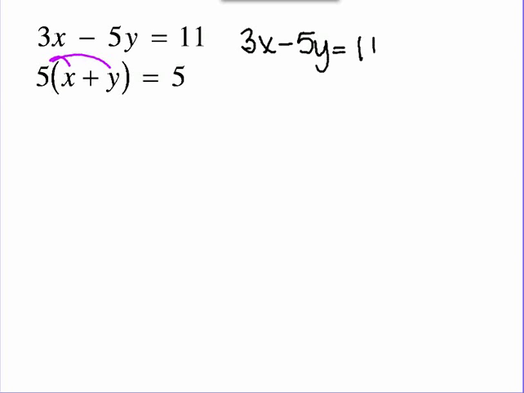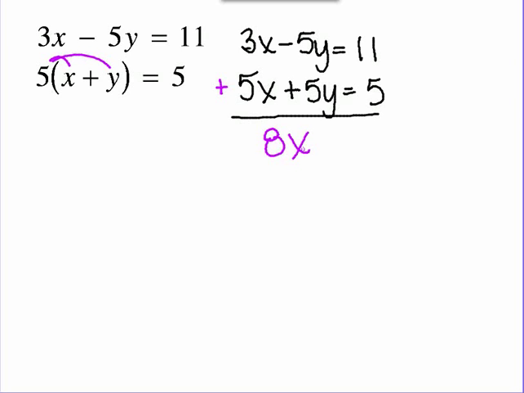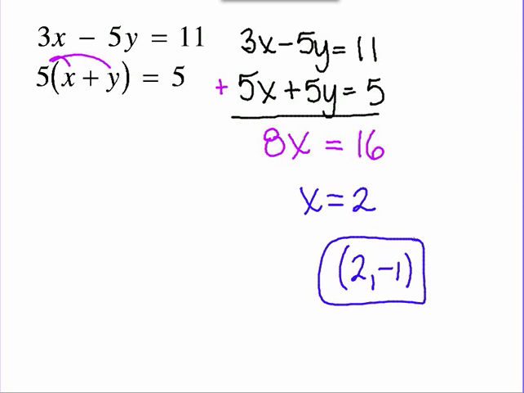And then the bottom equation becomes 5x plus 5y equals 5. Now you notice that the y's are opposite signs, so if you add these two equations together, you get 8x. Your y's are gone, and that equals 16. When you divide by 8, you should have gotten x to equal 2. A lot of you already plugged in 2, and when you plugged it in again, you got the solution (2, -1). So, nice job.